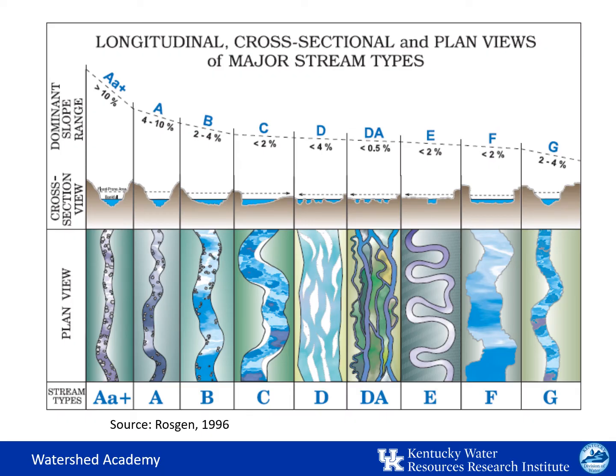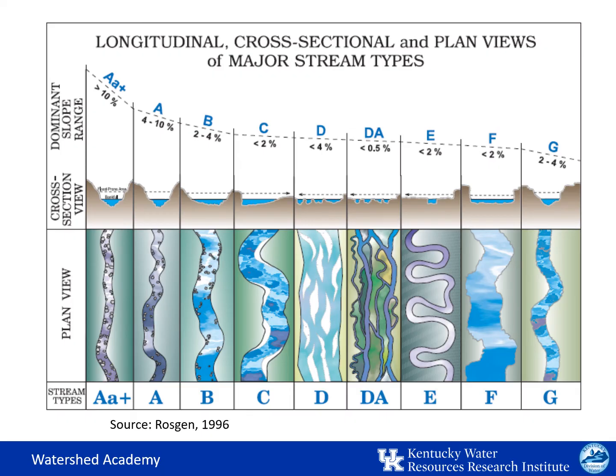Classification systems have been developed to help determine types of different streams. Dave Rosgen developed this classification system based on the shape of a channel, the longitudinal slope, the ratio between the width and the depth, as well as entrenchment, sinuosity, and other factors.